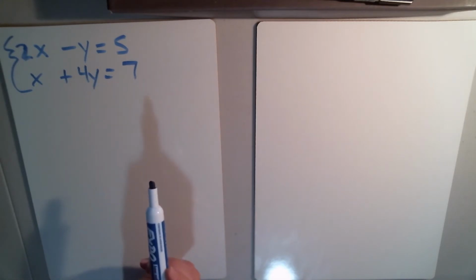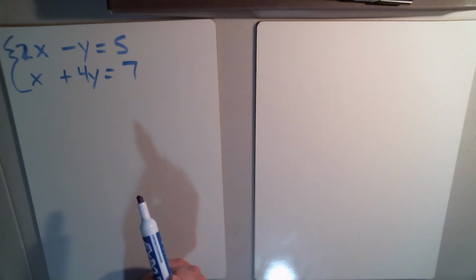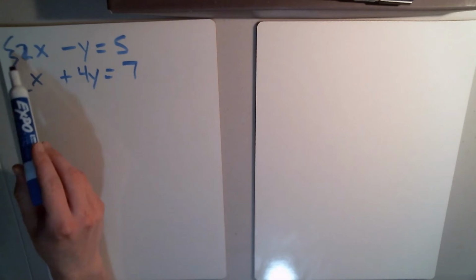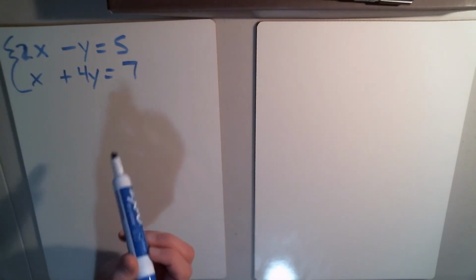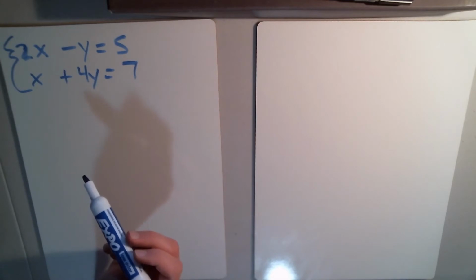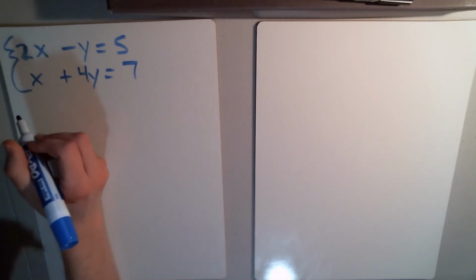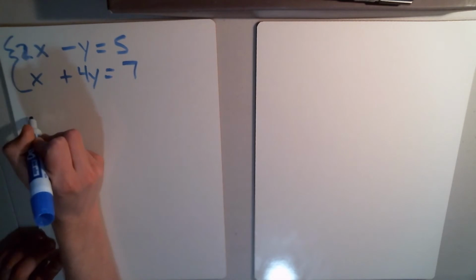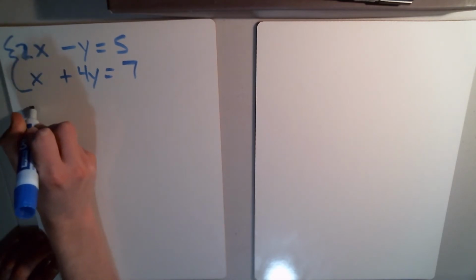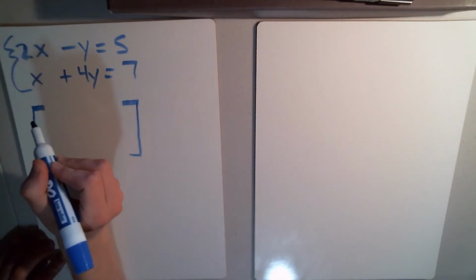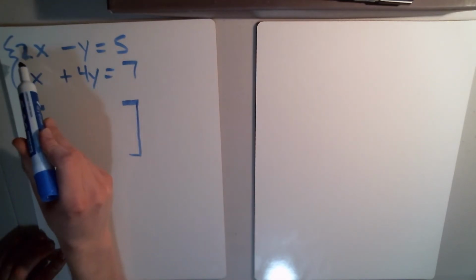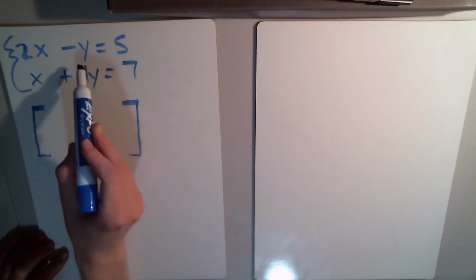And so what we are going to do is look at what are called matrices, which is essentially just a way of condensing this down into a really nice form. Essentially what a matrix is, I would just get rid of the x's. I do a little bracket here, bracket on both sides, and I just put in the coefficients on the x's and the y's.